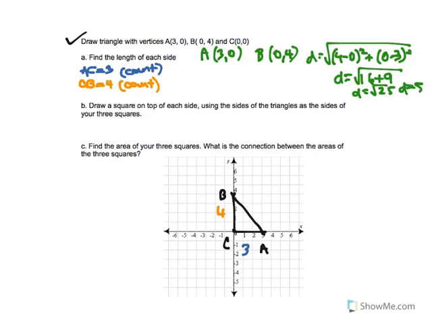I get the distance equals 5. So the length of AB equals 5. Okay, so I'm done with this one. I found the length of each side.